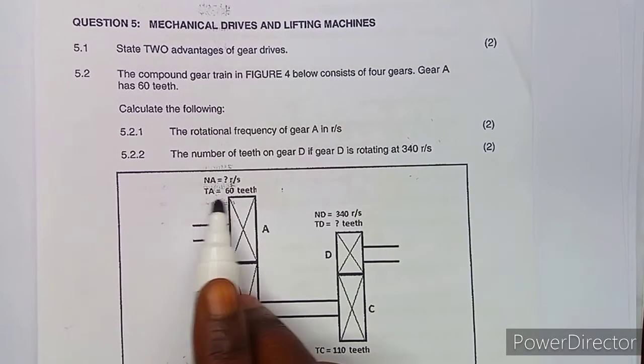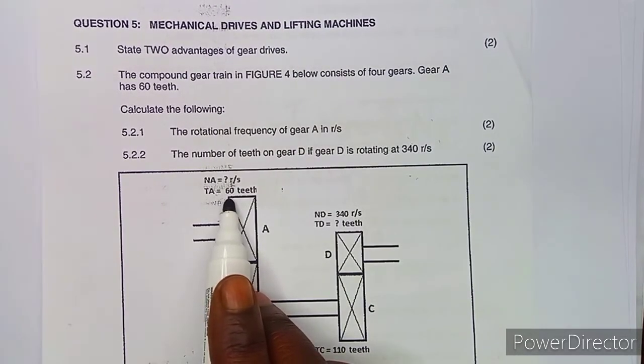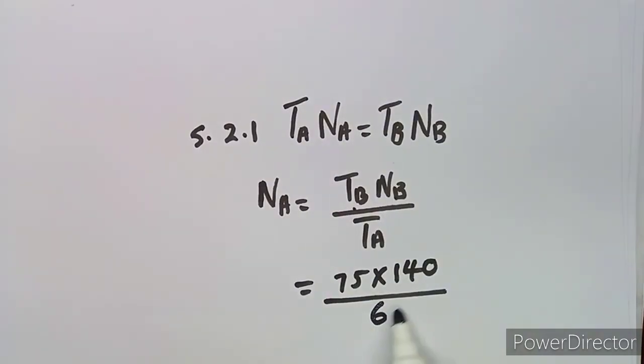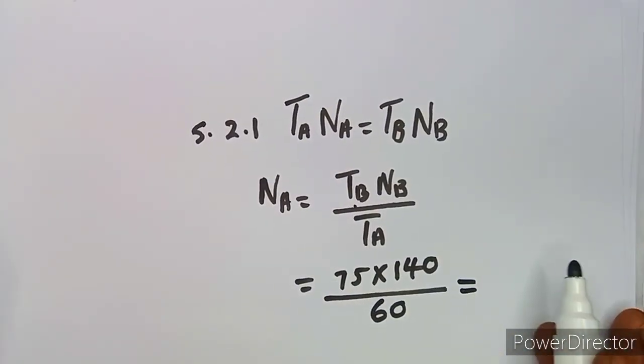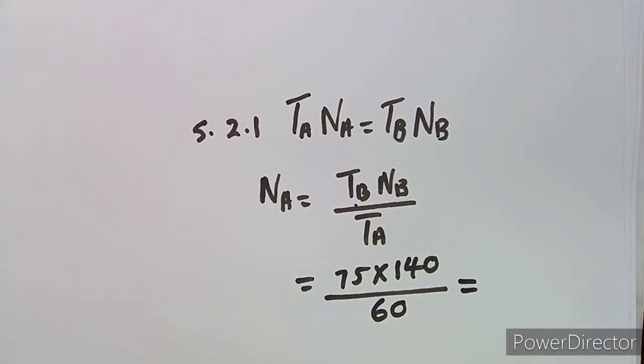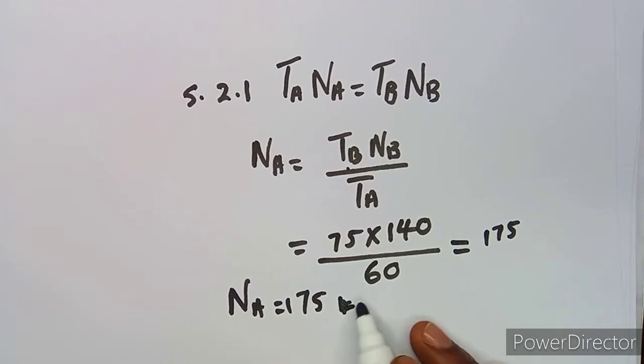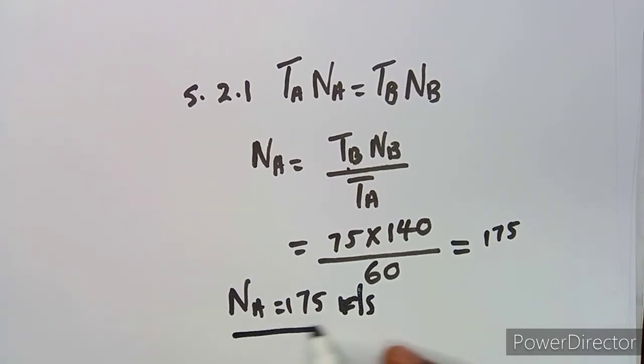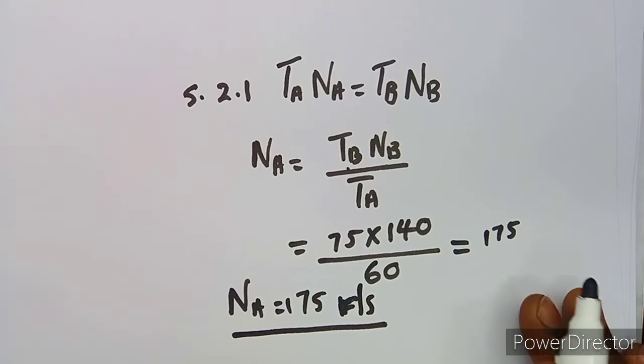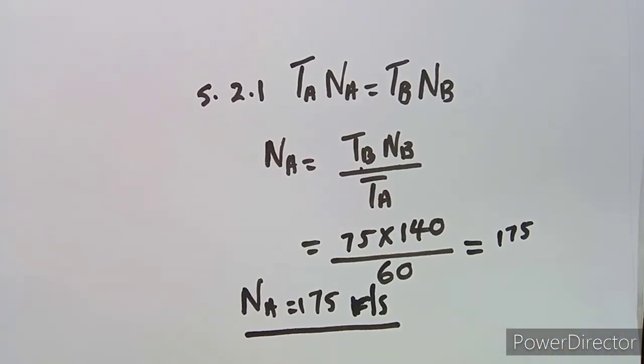On A we have got 60 teeth there. TA is 60. All right, so from your calculator, this is going to give you something like 175. So this is actually NA, which is the speed. So it's going to be 175 revs per second. Remember, the other one was in revs per second, so definitely this one is going to be in revs per second. So that's how you determine this, guys.